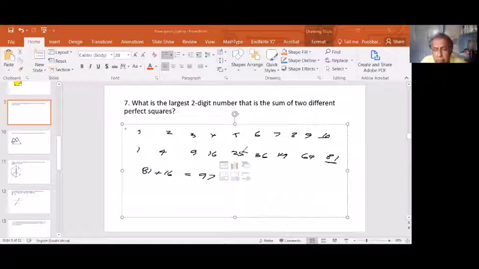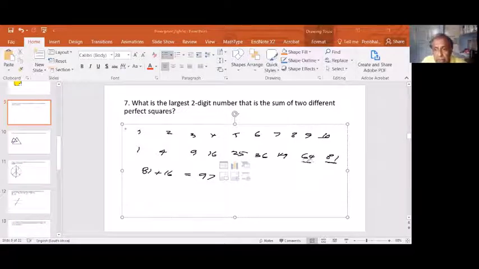Okay, that seems to be the largest 2-digit number. In fact, it's a very large 2-digit number. So the only question is whether 98 and 99 can be possible answers. All right, let's not go into that. And we finished with 81.